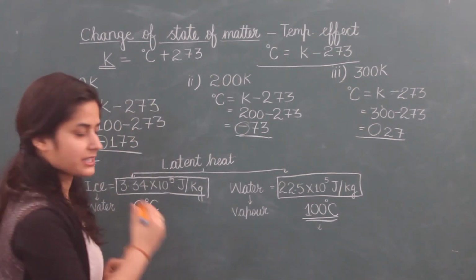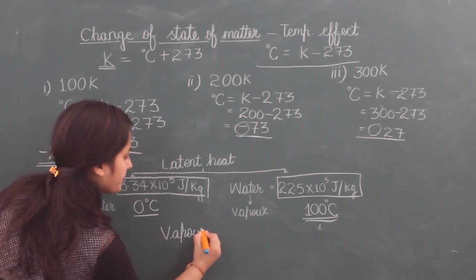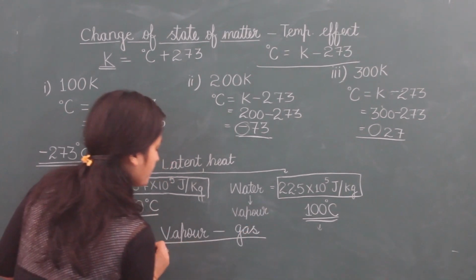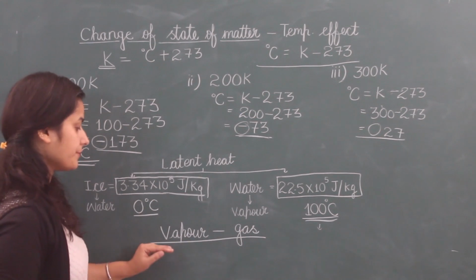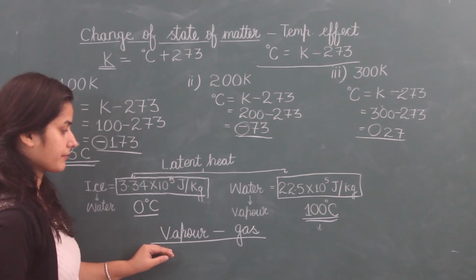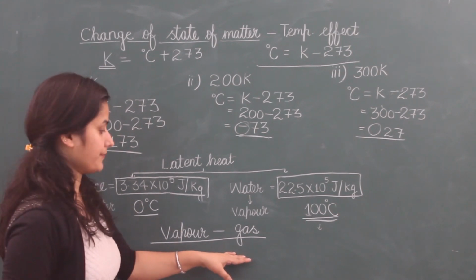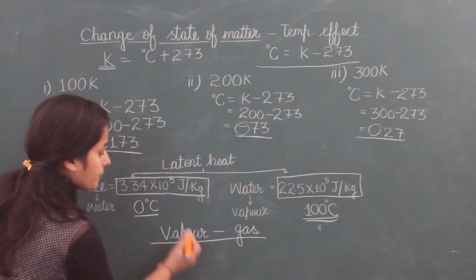Now, two terms come here. One is vapor and another one is gas. Water in gaseous state is called vapor. But vapors are not equivalent to gas. What is the difference? See.